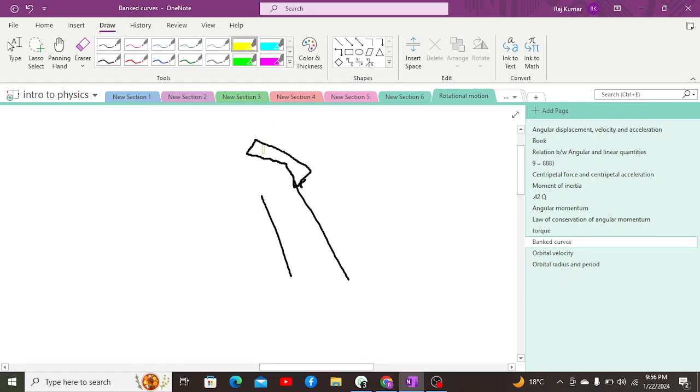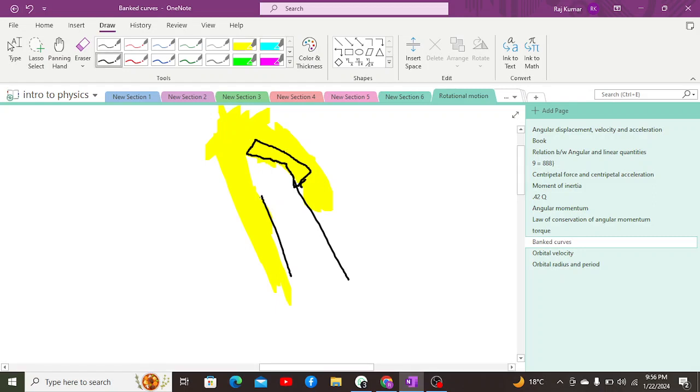Let me draw a rough diagram. These curved pathways are known as curved banks.